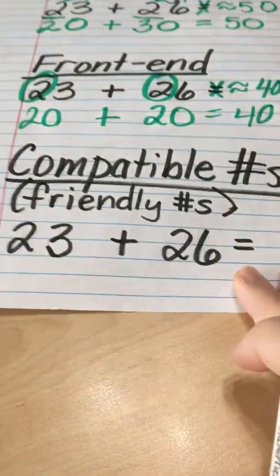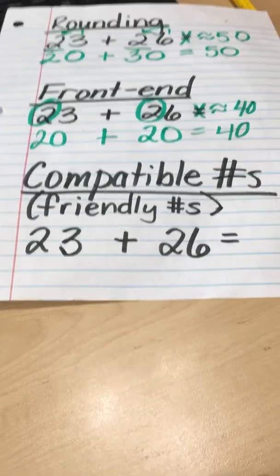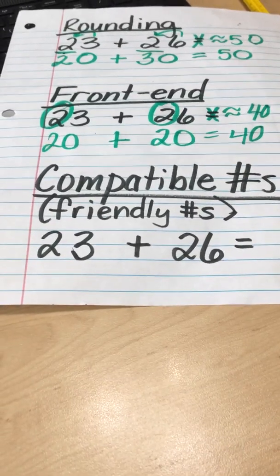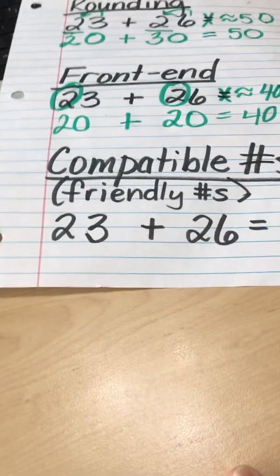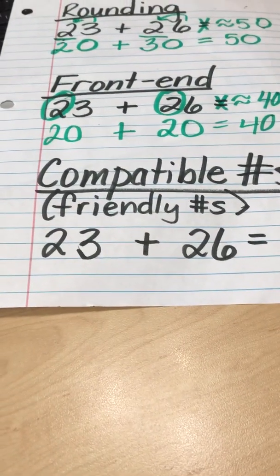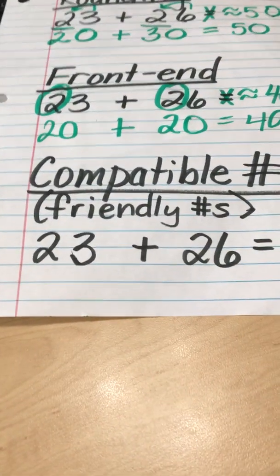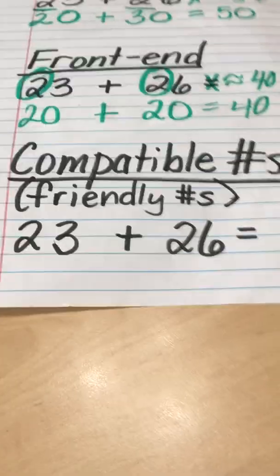All right, let's look at our third one. I love compatible numbers, friendly numbers, because it's really not rounding at all. You're looking at the two numbers and you're deciding, are there any easier, friendlier numbers that are close to the numbers there? I love 25s and 75s because it makes me think of quarters.